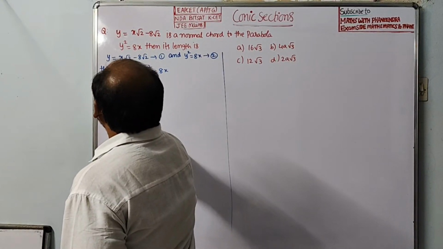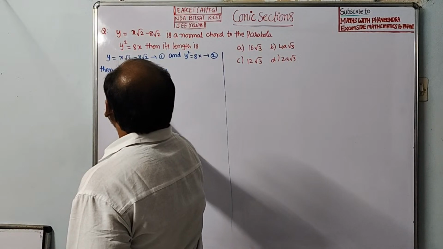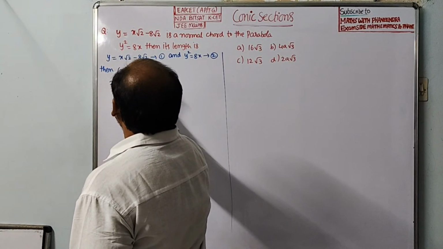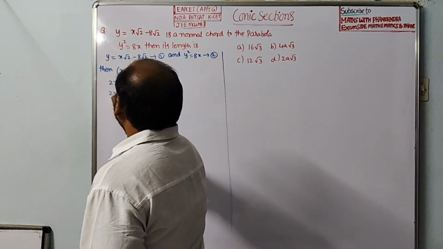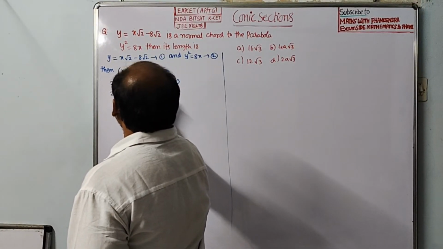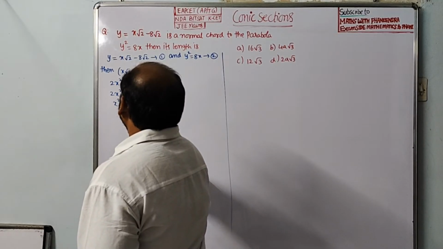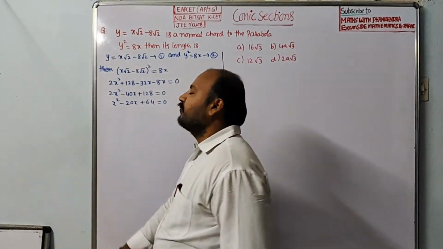So 2x square plus 128 minus 32x minus 8x equal to 0. So 2x square minus 40x plus 128 equal to 0. Dividing by 2, x square minus 20x plus 64 equal to 0.